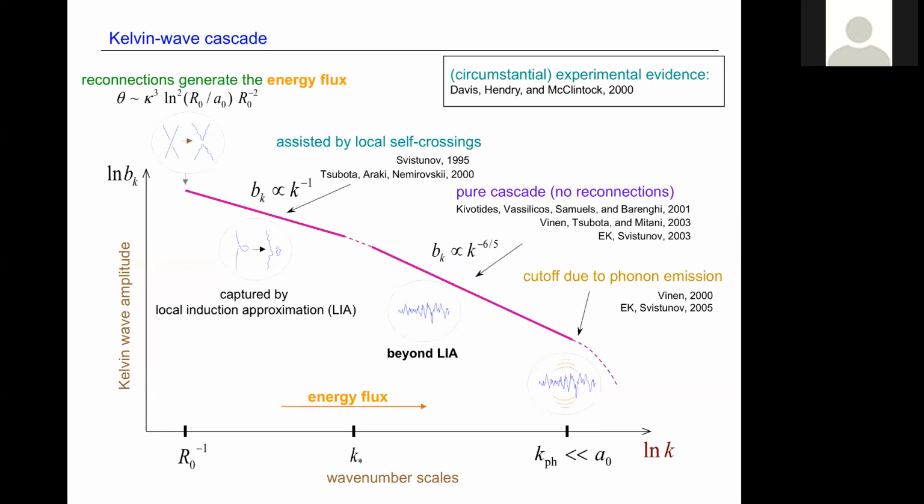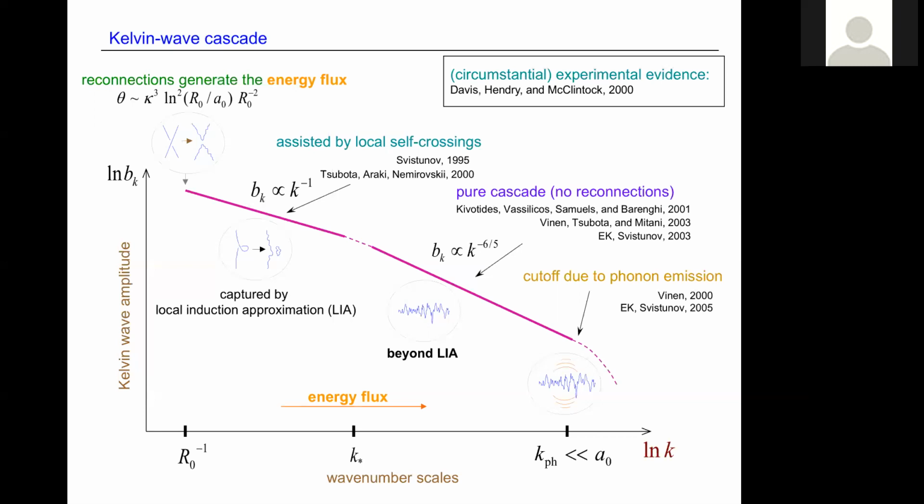If the amplitude was lower than this, then the process would be exponentially suppressed. It would be very weak, and this is what happens eventually. By the way, strictly speaking, there's a logarithmic correction, so the spectrum does go down. You have to include the logarithmic correction to account for the constant energy flux. The energy flux has to be constant in this quasi-stationary regime.